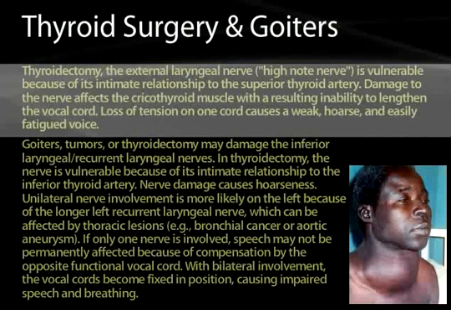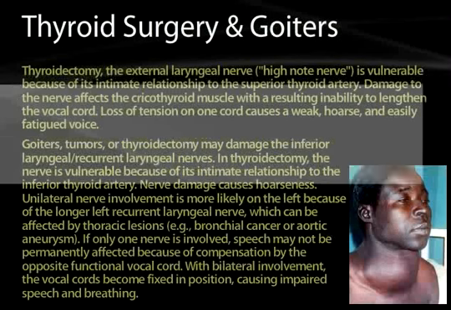The damage will affect the cricothyroid muscle sitting on the external surface of the larynx, but affecting the vocal cords. By not being able to tilt the muscle and the vocal cords by lengthening them, it will cause the loss of the high notes and hoarseness and weakness of the muscles, which will get easily fatigued.